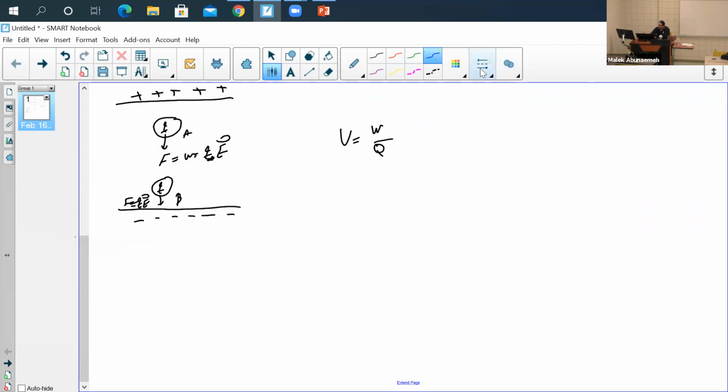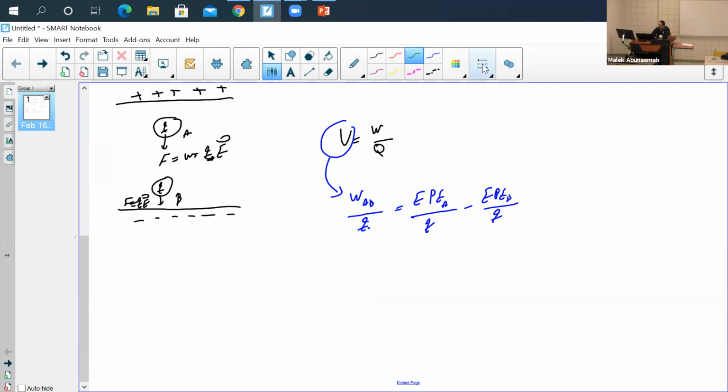That means this is actually going to be your work from A to B over Q, over that test charge Q that we have, is going to equal the electric potential energy for A divided by that charge minus the electric potential energy for B divided by that charge.